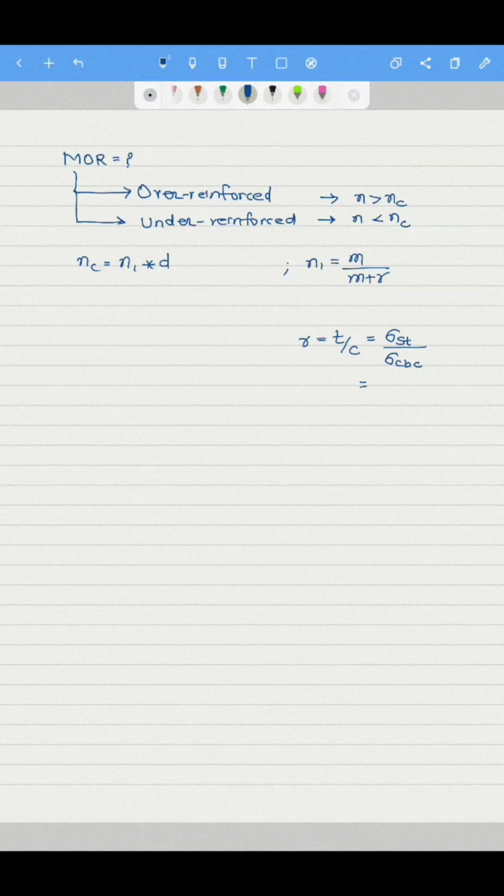The value of sigma st provided in the question is 230 and the value of sigma cbc is 7. This is equal to 32.85. So now we can find the value of n1. That will be equal to the modular ratio, 13.33, divided by the modular ratio 13.33 plus r that we have found, 32.85, and this value will be equal to 0.288.